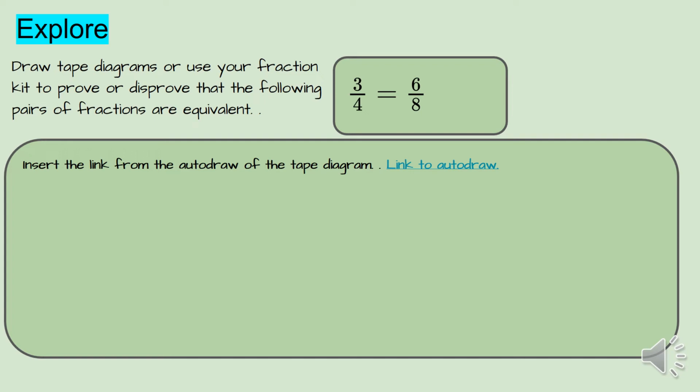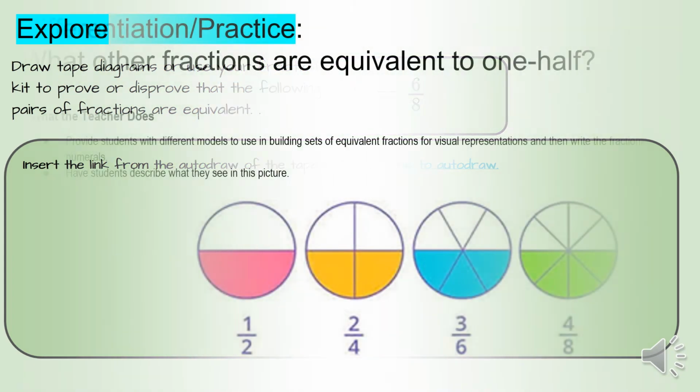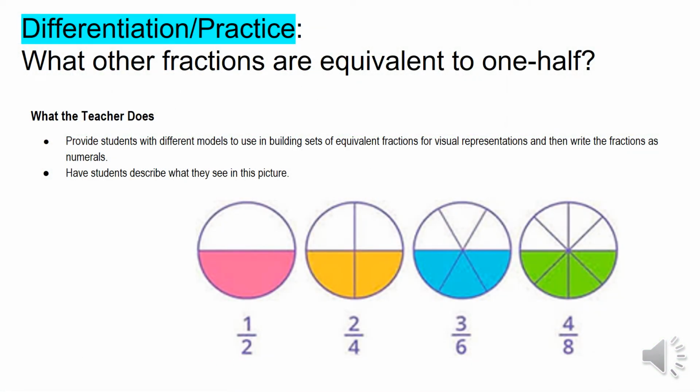The interactions taking place are discussing, modeling, and using representations to go further. I will provide them with more models to build sets of equivalent fractions for visual representation, and then for them to write the fractions as numerals, even as they're looking at it.